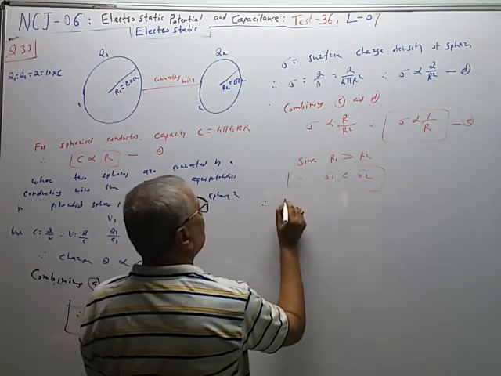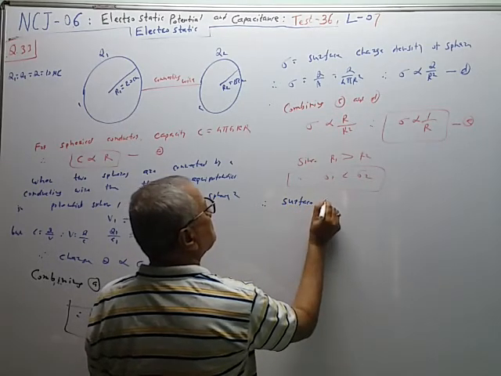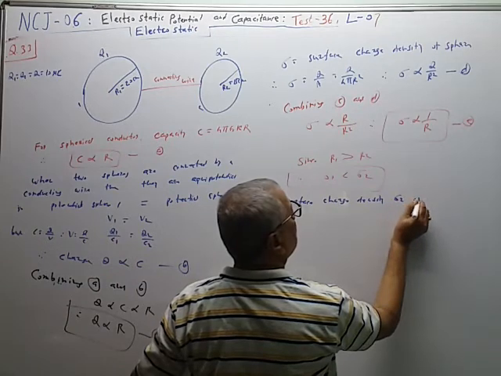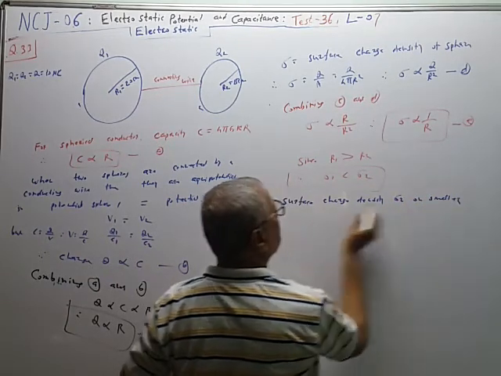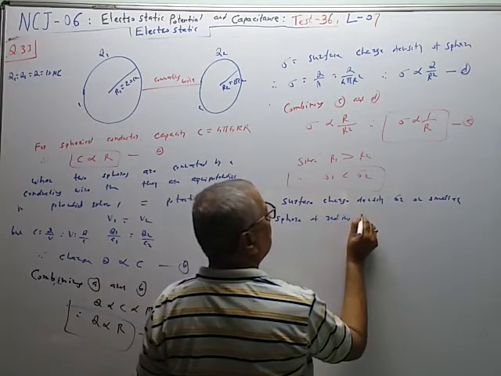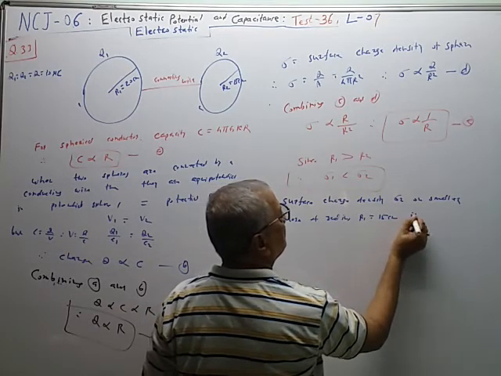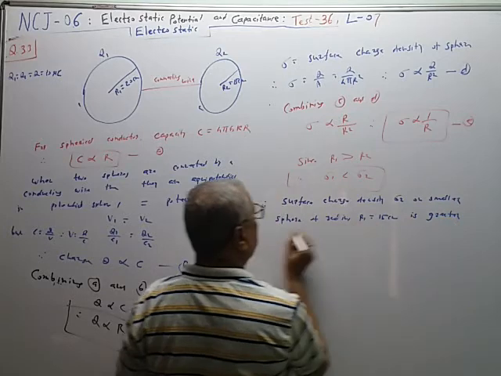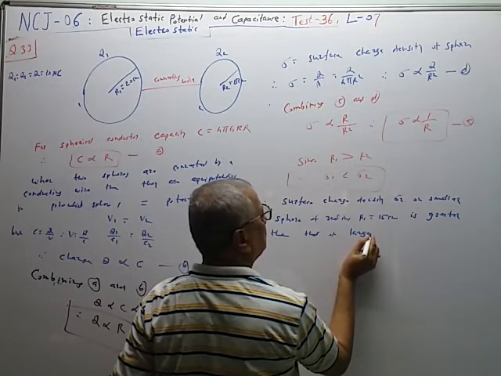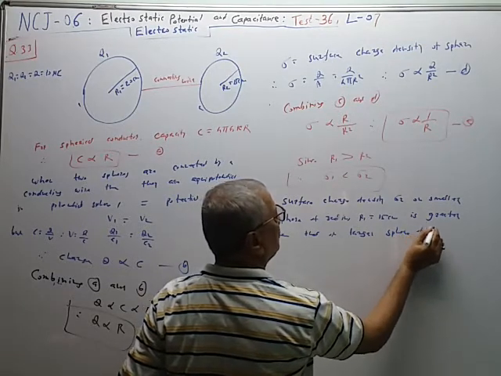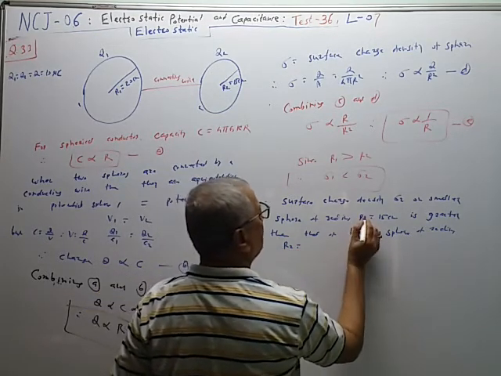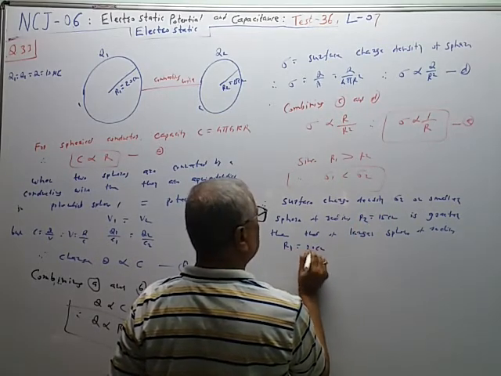Therefore, surface charge density sigma 2 on the smaller sphere of radius R2 is equal to 15 cm is greater than that of the larger sphere of radius R1 is equal to 20 cm.